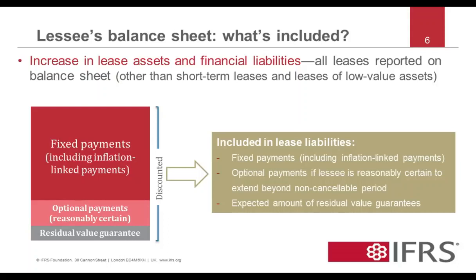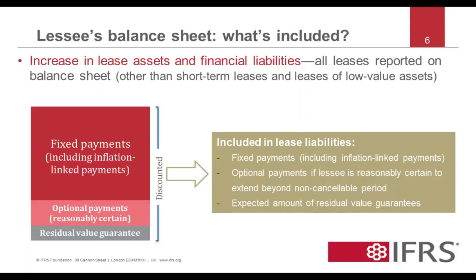This might include payments related to extension or termination options, or termination penalties if the lease term reflects an option to terminate the lease. The reasonably certain threshold in IFRS 16 is the same as that used in IAS 17 today. And finally, the lease liability also includes amounts expected to be paid under residual value guarantees. Again, this is because these payments cannot be avoided by a lessee.